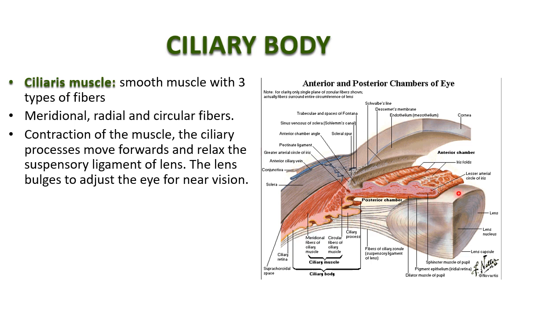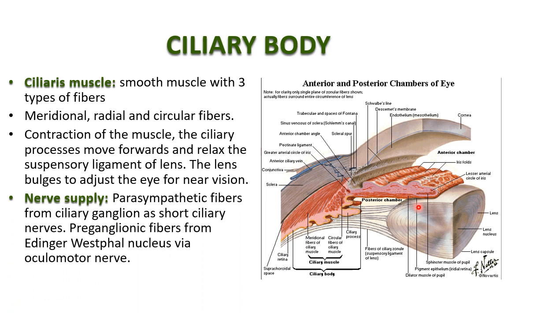So the lens bulges, and it adjusts for near vision. So the ciliaris muscle is a muscle of accommodation. There is no antagonist to relax this. When the contraction is released, it comes back to its normal position, the ligaments are tensed, and that brings the lens to its original position.